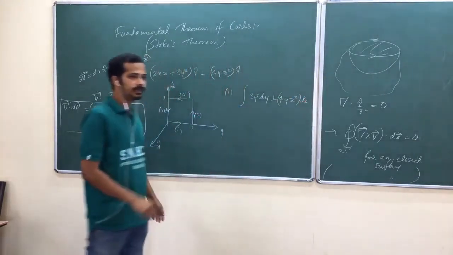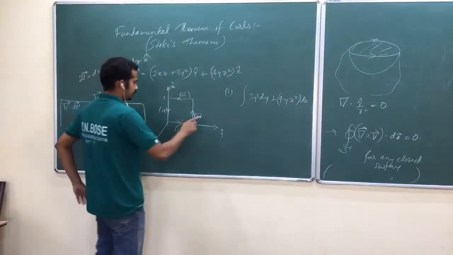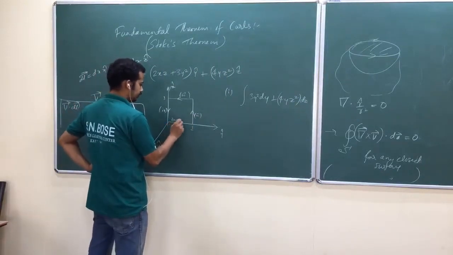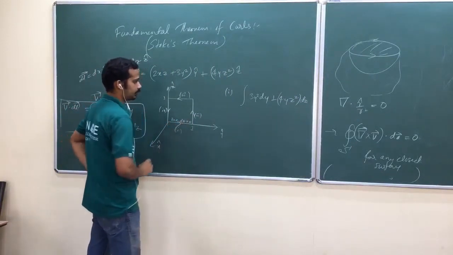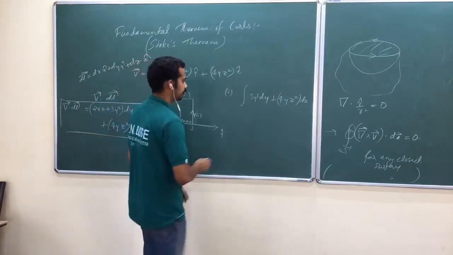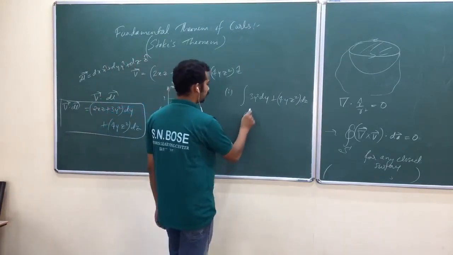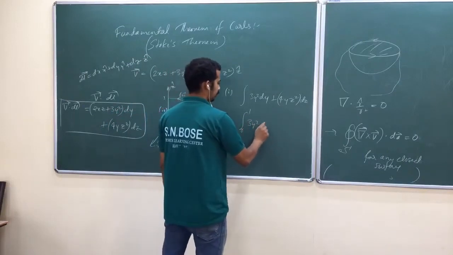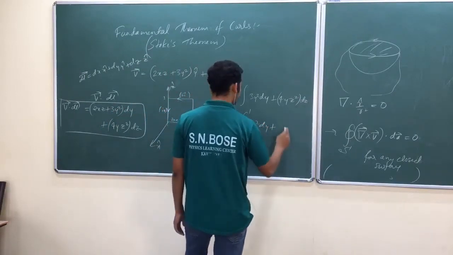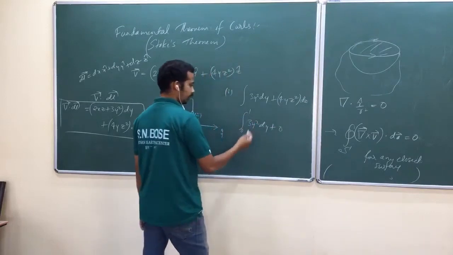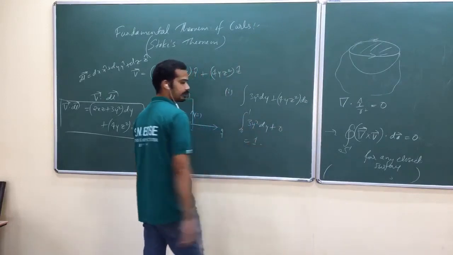Along the first path, z equal to 0, dz equal to 0, y will run from 0 to 1. Integral of 3y square dy is y cube by 3, that's 1. Check it out.